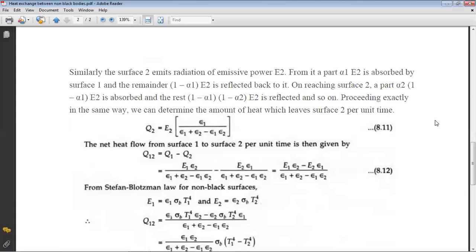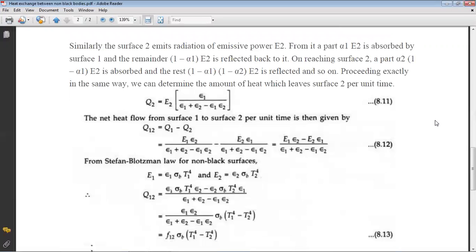Now, we know that the emissive power is nothing but epsilon 1 into Stefan-Boltzmann constant into corresponding temperature to the fourth power.